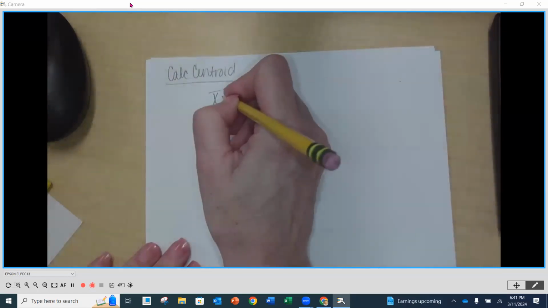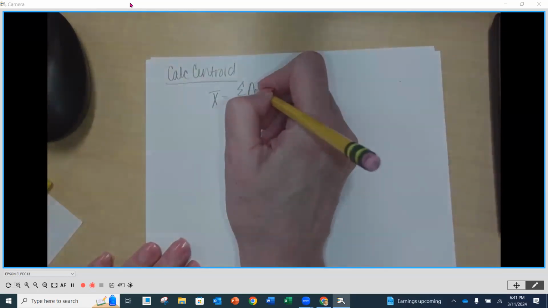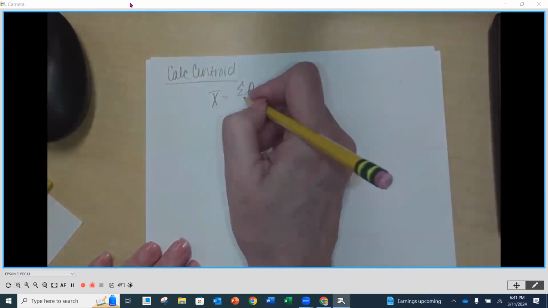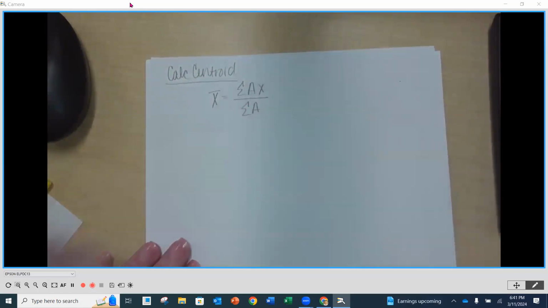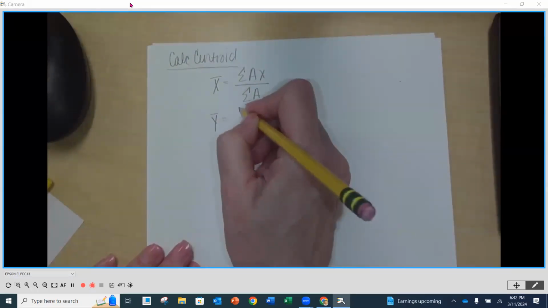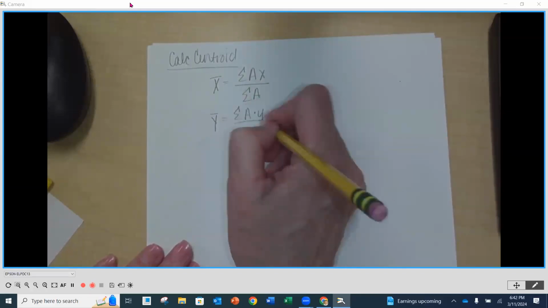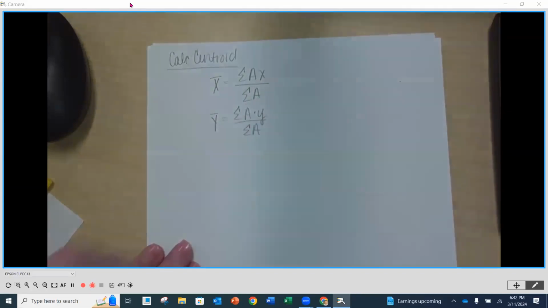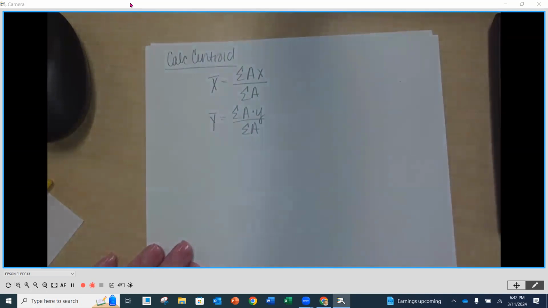Now, this is the centroid of the entire composite shape. So X bar is equal to the summation of the A times the X's divided by the summation of the areas. That should sound familiar because that's the part of the chapter we did last time. And then our Y bar is going to be equal to the summation of the A times the Y's divided by the total area, or the summation of the areas individually.